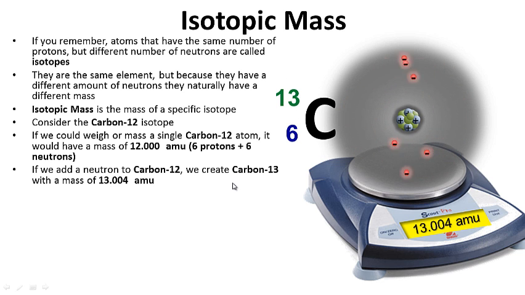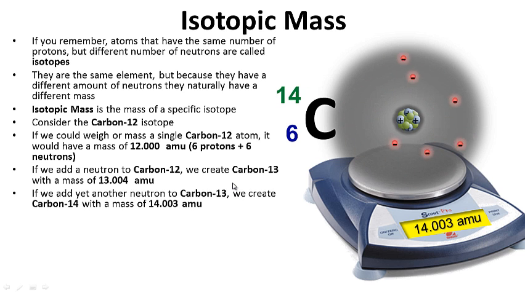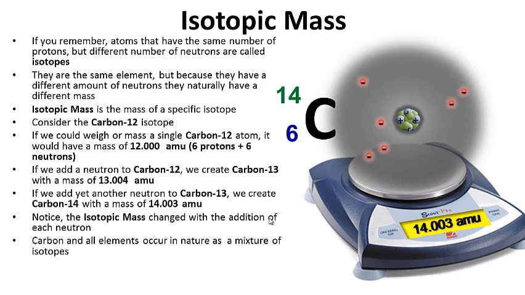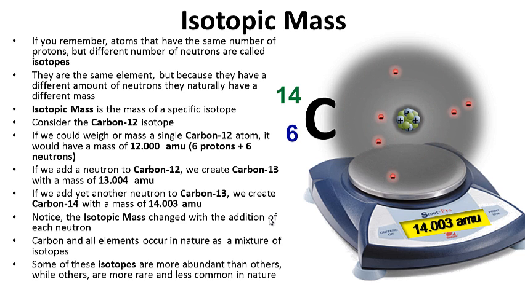If we add yet another neutron to carbon-13, we create the carbon-14 isotope with a mass of 14.003 AMU. So notice the isotopic mass changed with the addition of each neutron. Carbon and all elements occur in nature as a mixture of isotopes. Some of these isotopes are more abundant than others, while others, like carbon-14, are very rare and less common in nature.